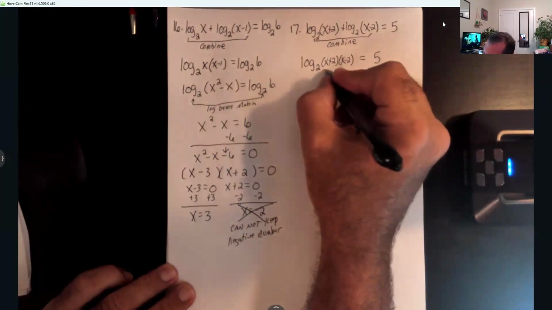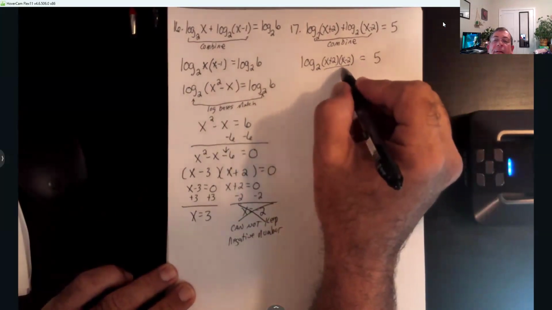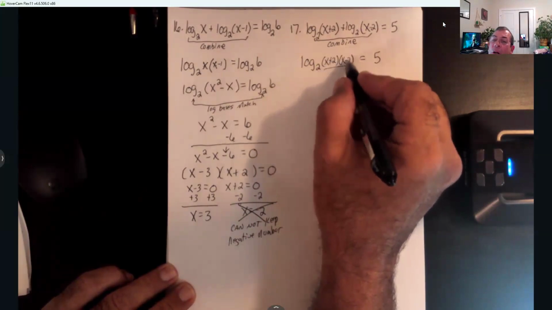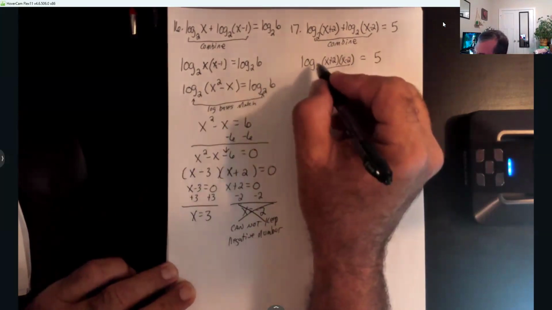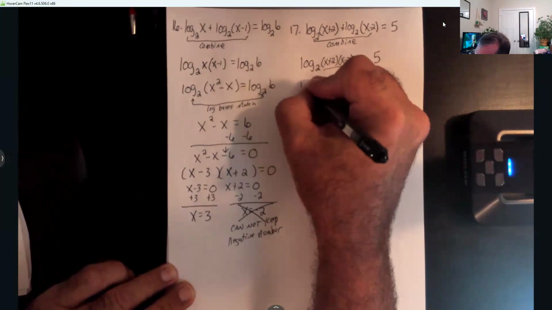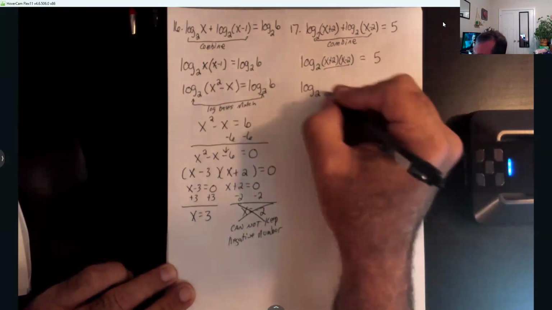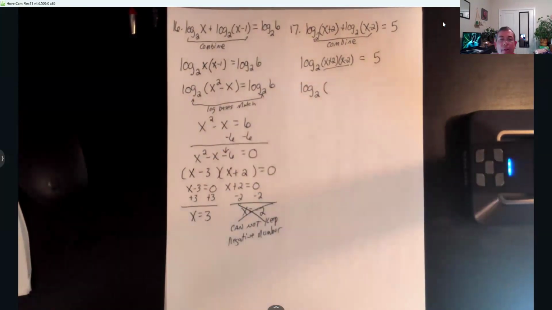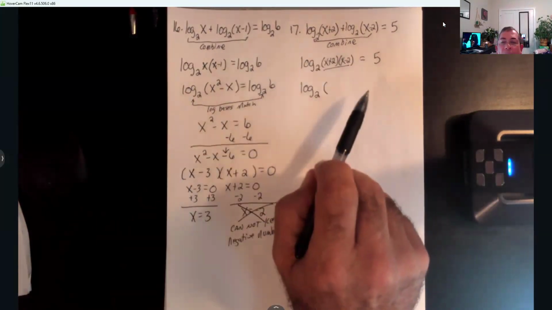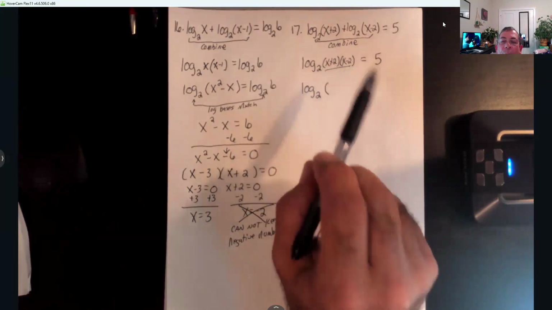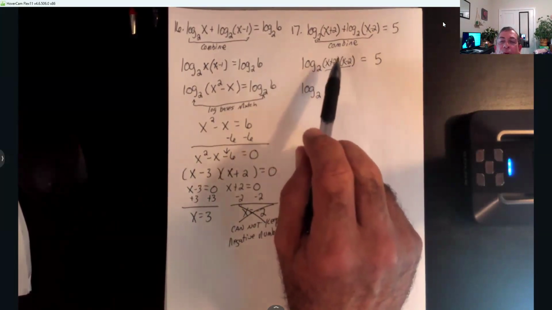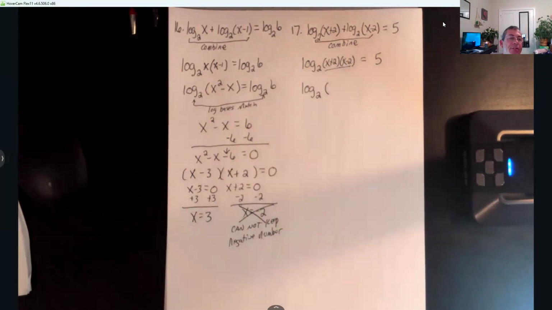And y'all, I'm actually going to go a step further and multiply this. Now you look here, these are conjugate pairs. So watch this. Bring down that log base 2. So y'all, why don't y'all FOIL that for me? See what I get when I multiply x plus 2 times x minus 2.